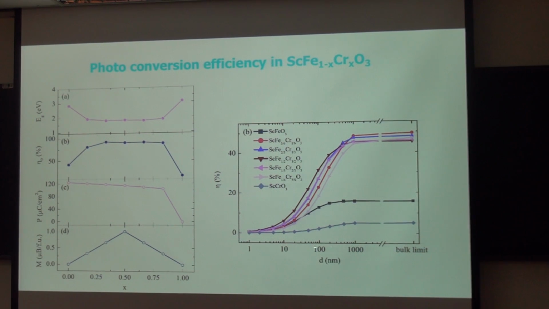Usually for a solar cell, the absorber is around several hundred nanometers. And in this case, in our system, the power conversion efficiency is already around 30%. This indicator can be regarded as the upper limit of the power conversion efficiency.